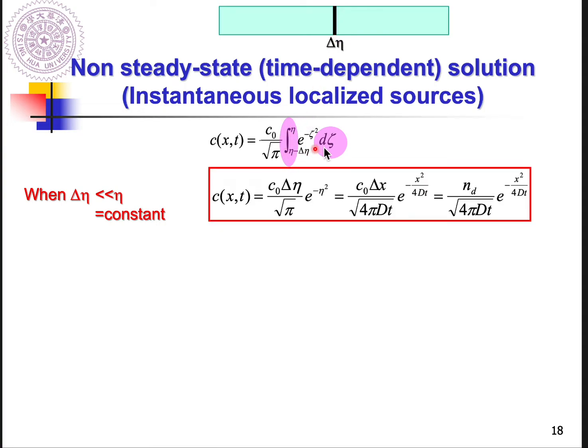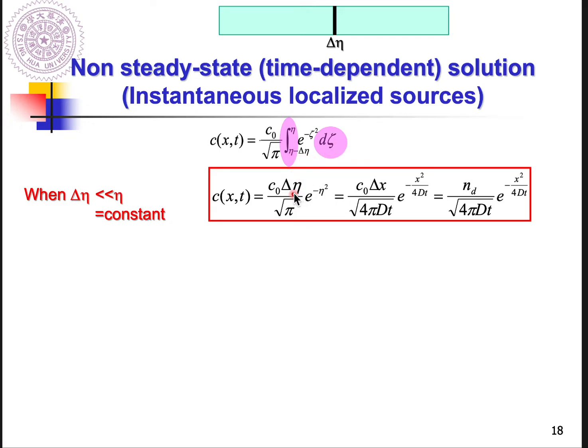So we can take this integration out and use a delta iota to substitute, right? Because if delta iota is constant, you can just put a delta iota here instead of the integration term, right?